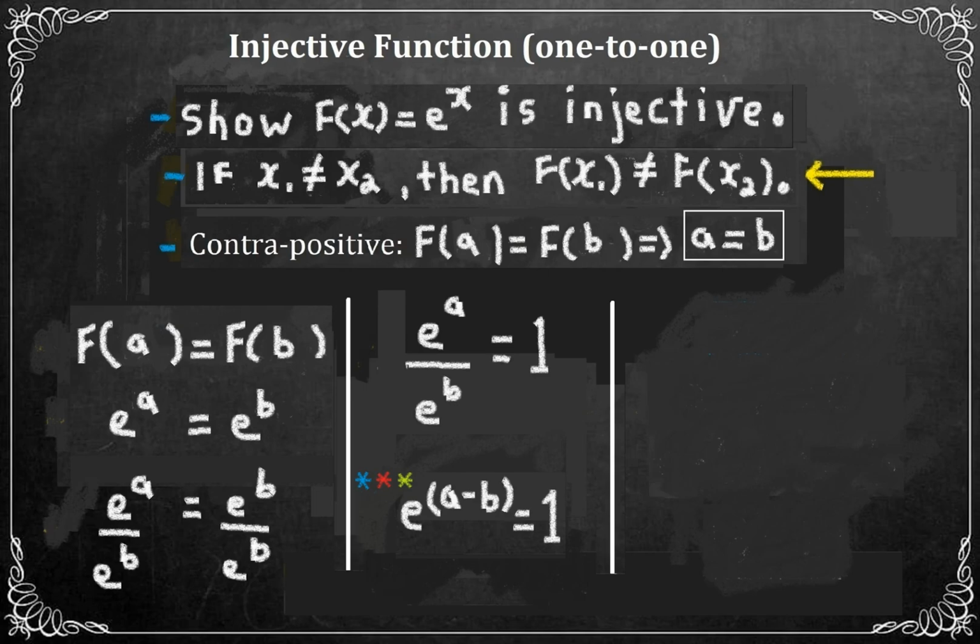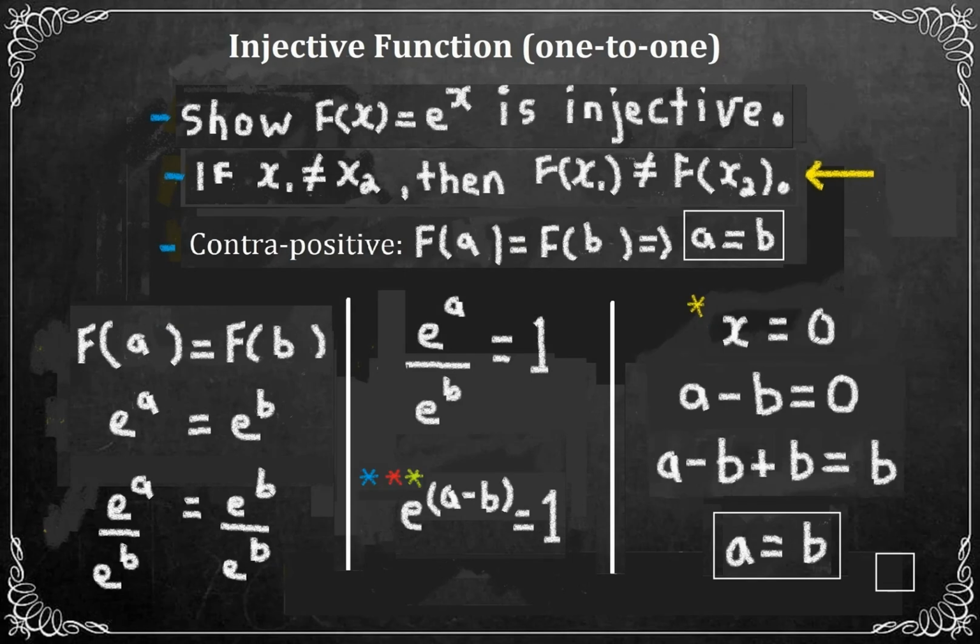In column 2, we have e to the a over e to the b equals 1. But we know from the division property, the blue, red, and green asterisks, we can rewrite it as e to the power of a minus b, which just equals 1. The red and green asterisks refer to the division property for all real numbers, which we'll prove coming up shortly.